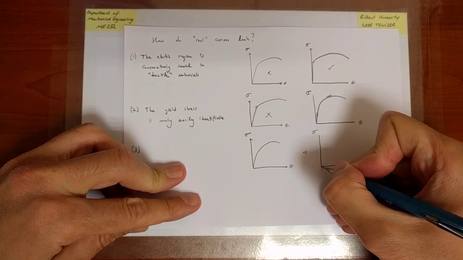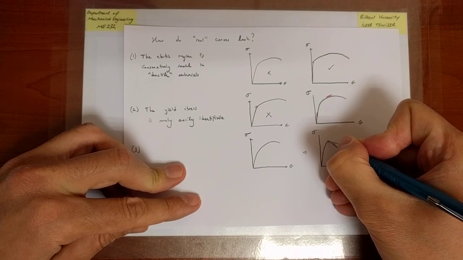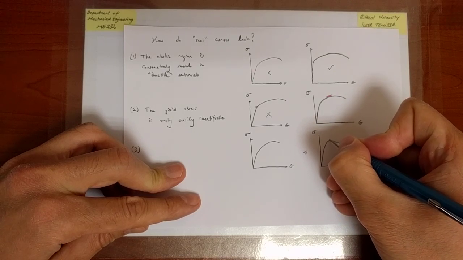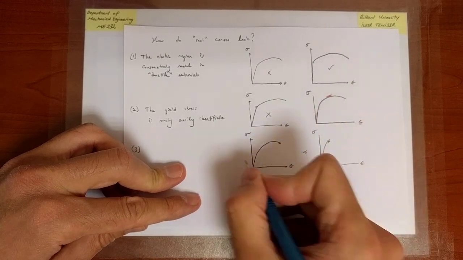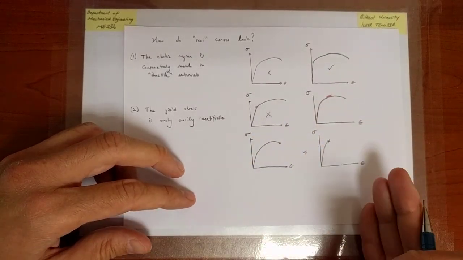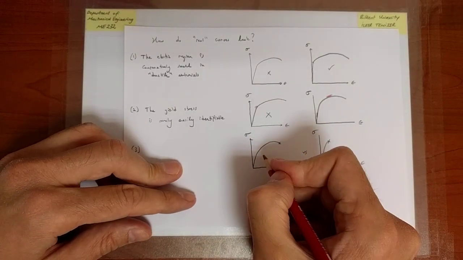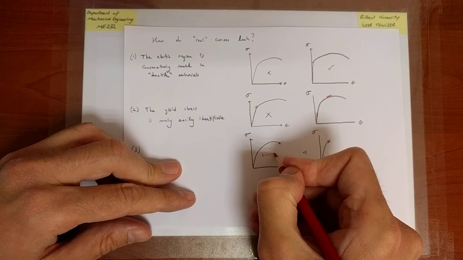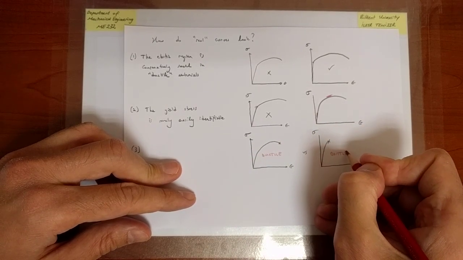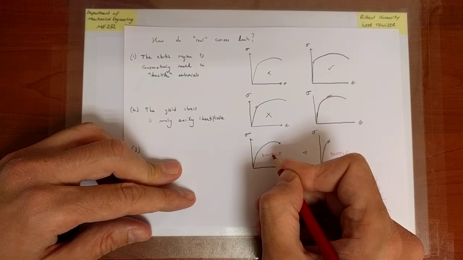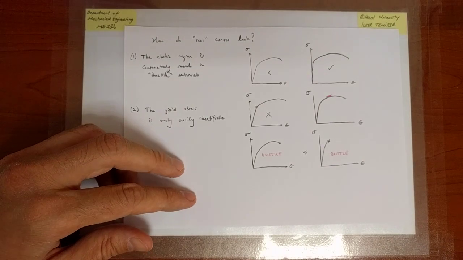For a brittle material, you can have some elasticity, perhaps some plasticity as well, not necessarily zero plasticity, some plasticity, but not much. Okay, so brittle versus ductile is just a relative term, but certainly we can say in this case that the material on the right is more brittle with respect to the one on the left, or the one on the left is more ductile with respect to the one on the right.